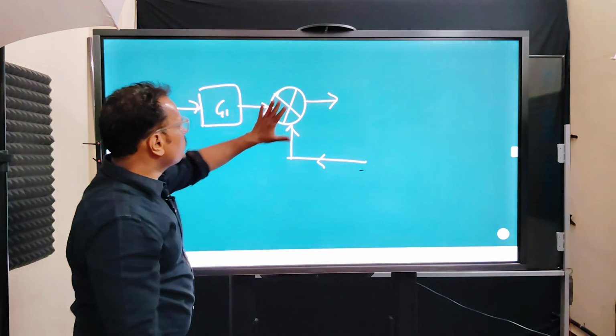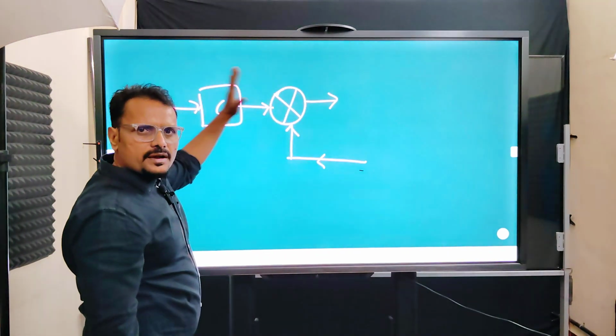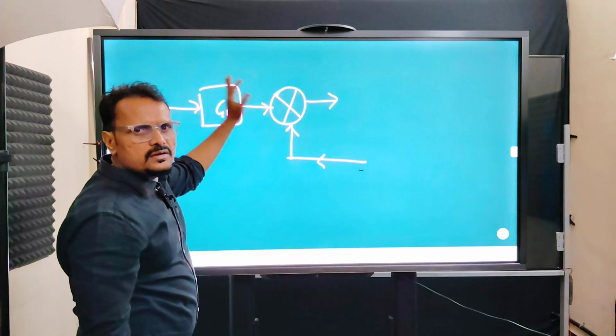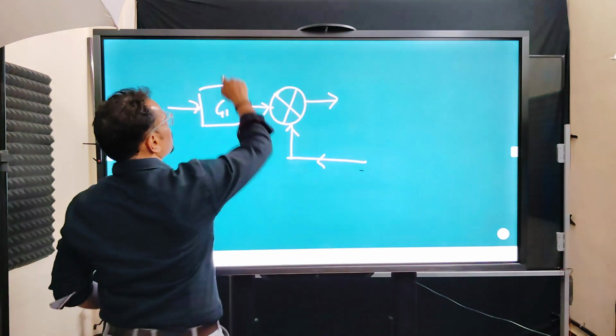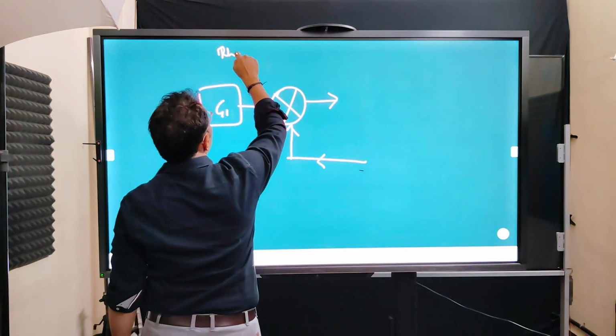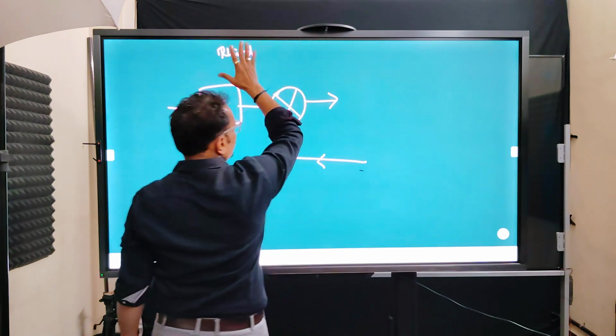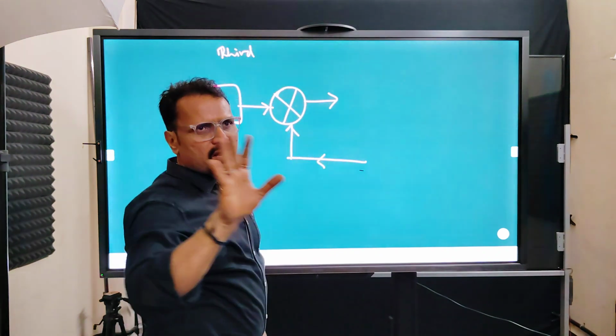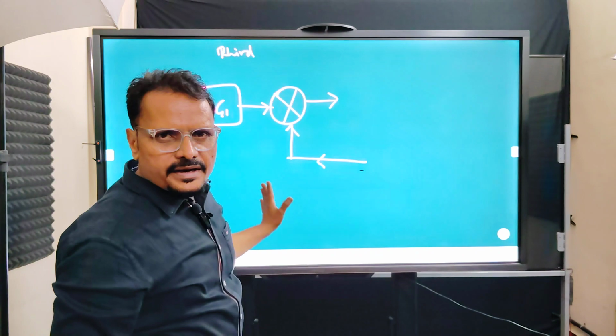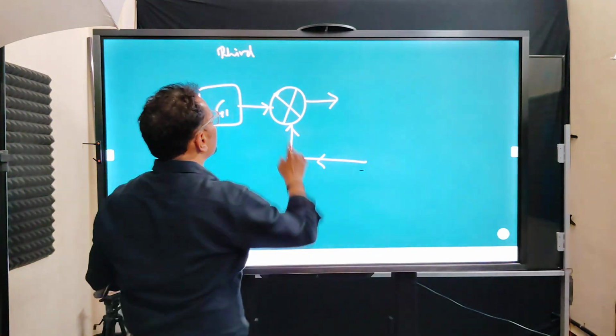In this case we wanted to move the summing point ahead of the block, or rather before the block. I'll call this the third rule; I don't know how they write the sequence, but the way we are getting it, we are calling it the third rule.